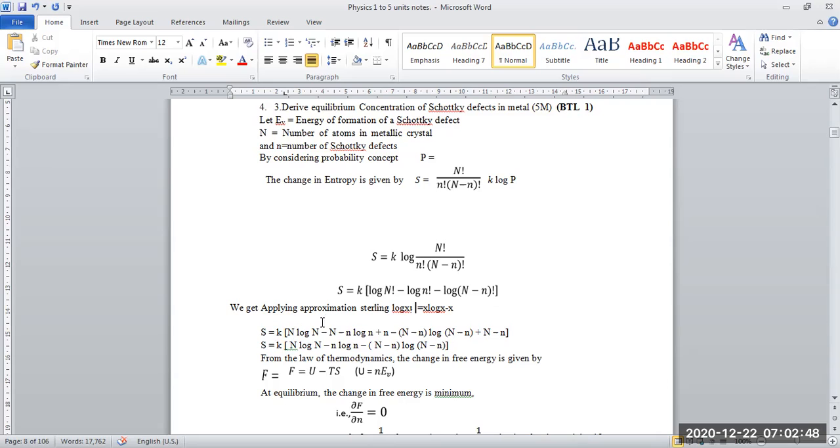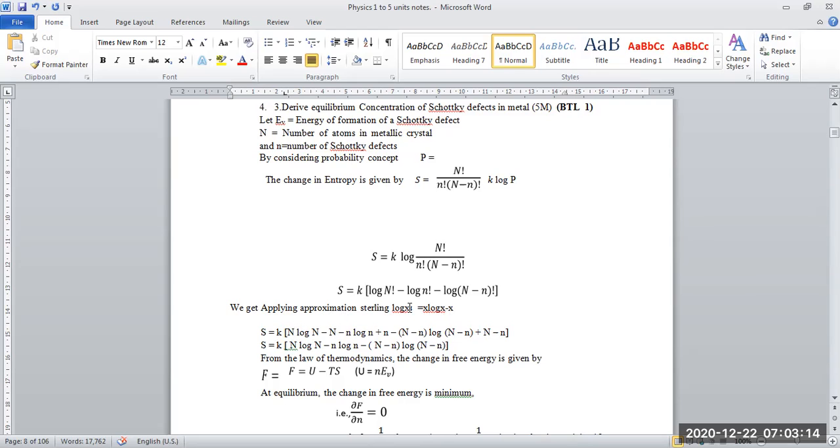See, again I'm repeating the same thing. We got this particular function here, log N factorial. So I want to expand and simplify log N factorial. So I'm using this Stirling approximation. This is a mathematical approximation of factorial, right? Whenever you want to expand it, we are just writing it as log x factorial is equal to x log x minus x.